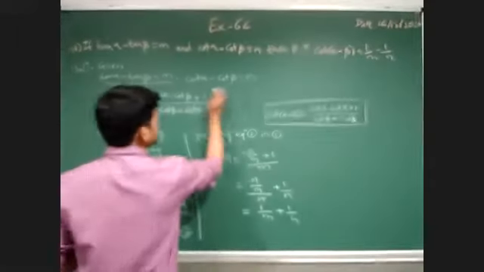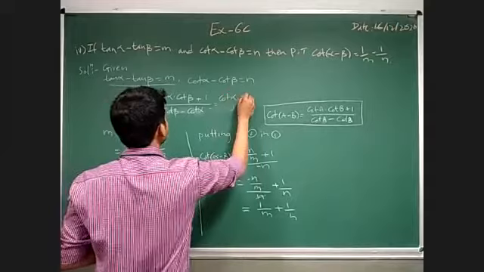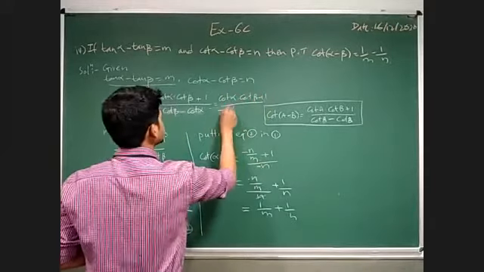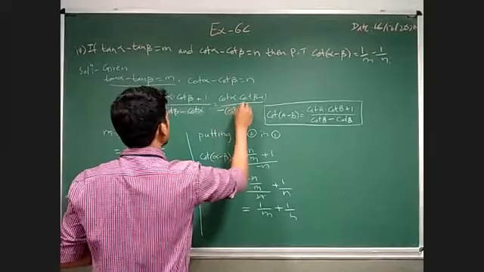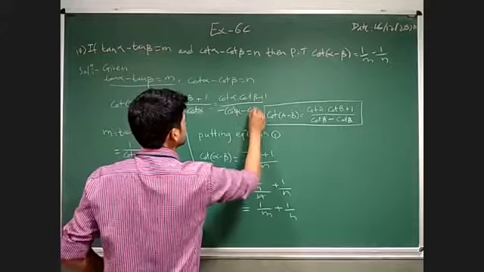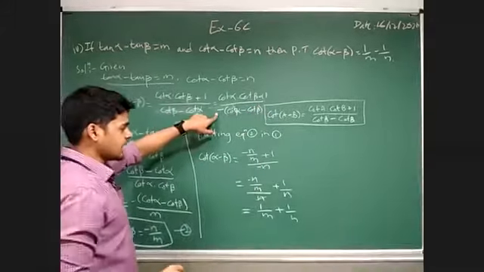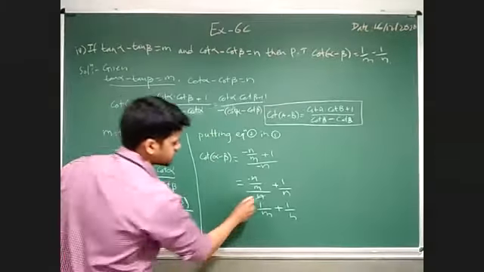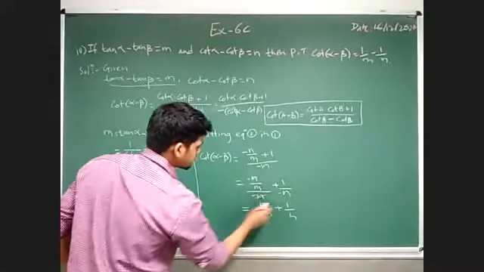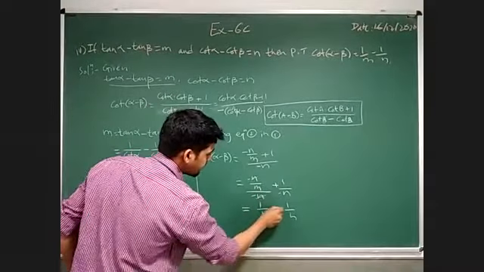Okay, so I can write that cot alpha into cot beta plus 1 and minus cot alpha minus cot beta. So here I am having minus, and this is minus here, so minus minus will be plus, 1 by n, and here I will have minus.